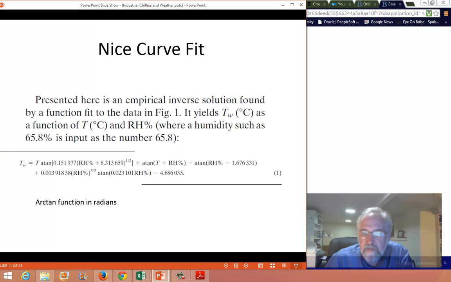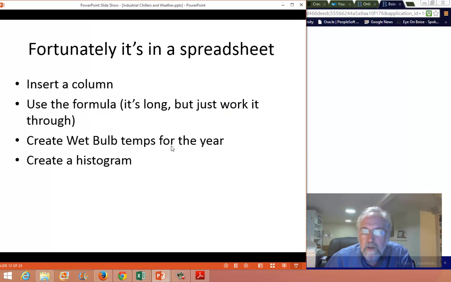And he gave us this formula. So the wet bulb temperature is a function of the dry bulb temperature and relative humidity, and a bunch of arctangents and a square root. Relative humidity is used as a number, so as they show here in the example, 65.8% means it's 65.8.